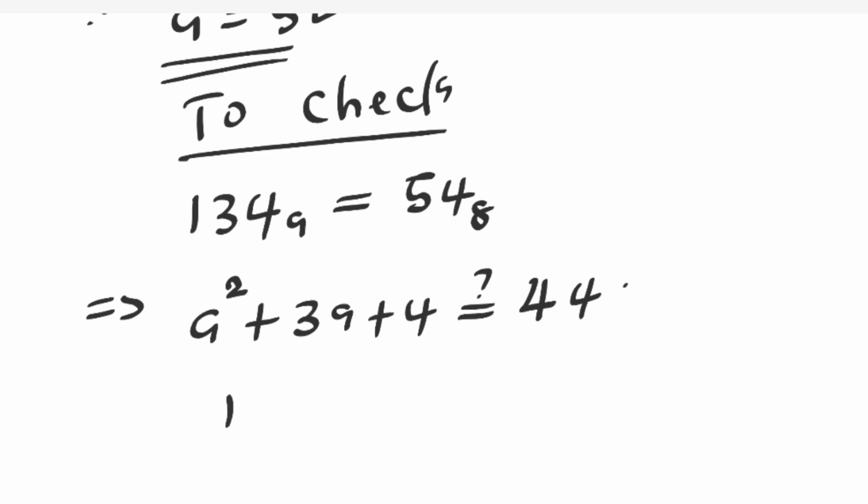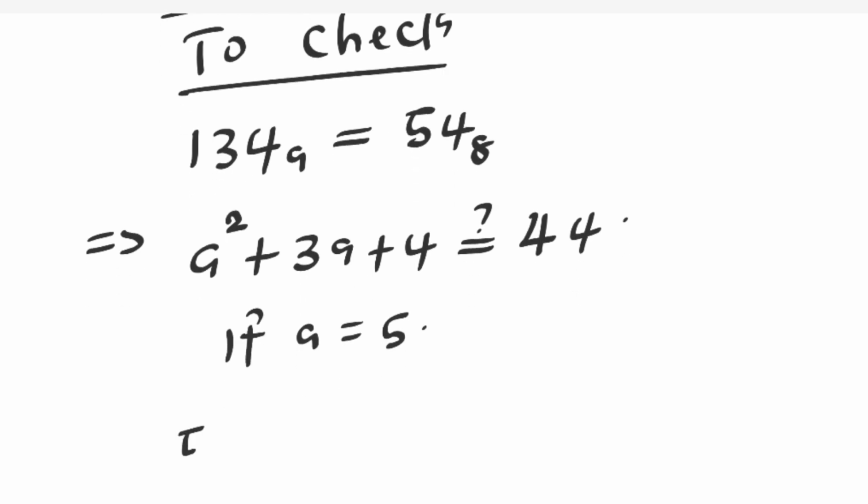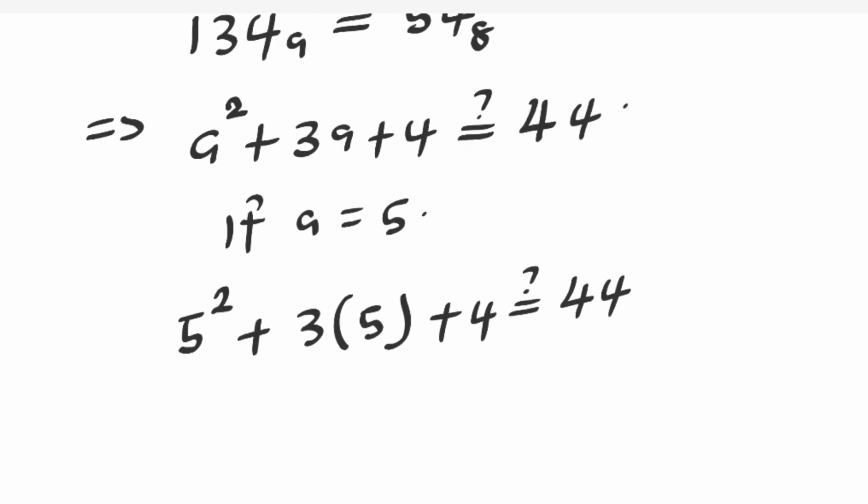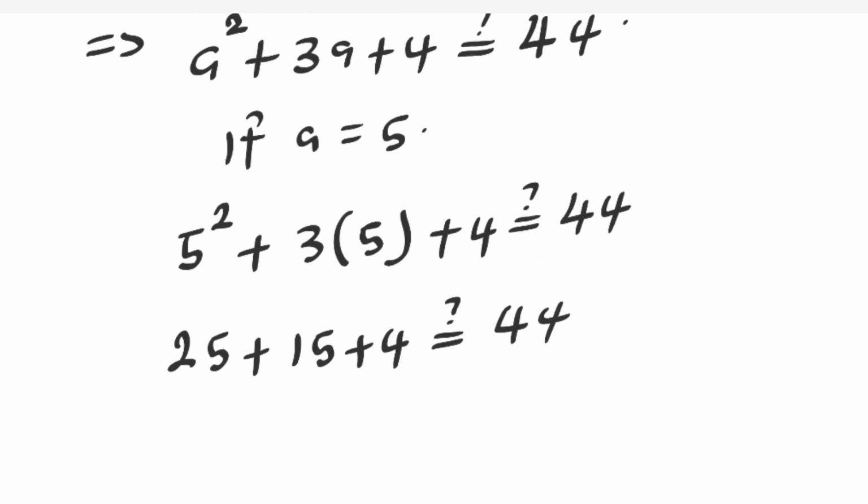Now let's see, if a is equal to 5, then we have 5 square plus 3 bracket 5 plus 4 must be equal to 44. Then 5 square, this is 25, plus 3 times 5, 15, plus 4 must be equal to 44. 25 plus 15 plus 4. 25 plus 15, that is 40, plus 4, this is 44, is equal to 44, which is true.